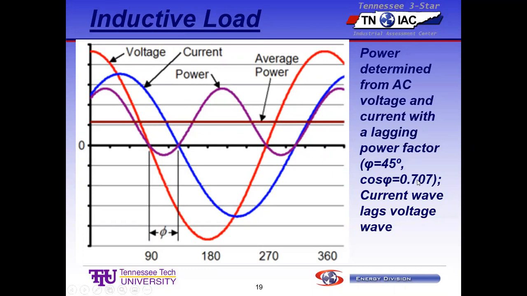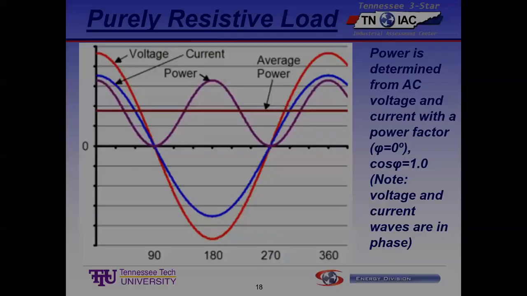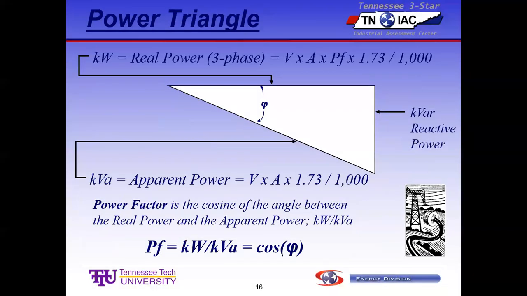And we saw that back right here. In terms of the power triangle, we get the real kW at the top, the apparent power, or the kVA, which is the hypotenuse, and then the reactive power is the sine side relative to that angle theta. 1.73 is the square root of 3.